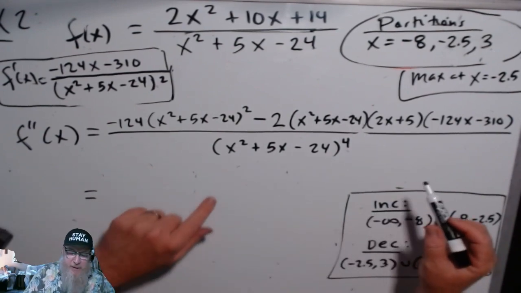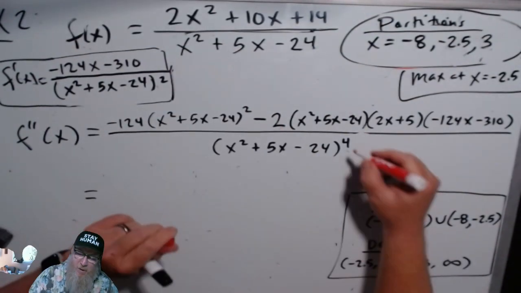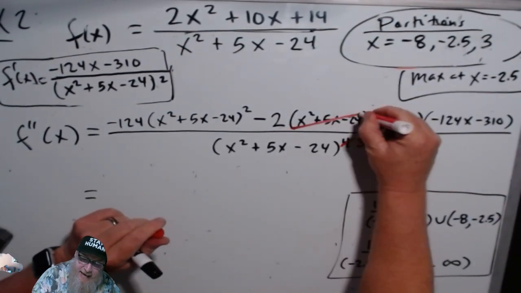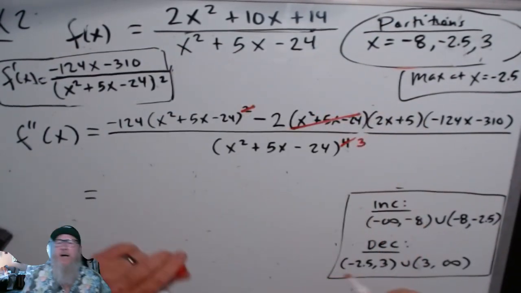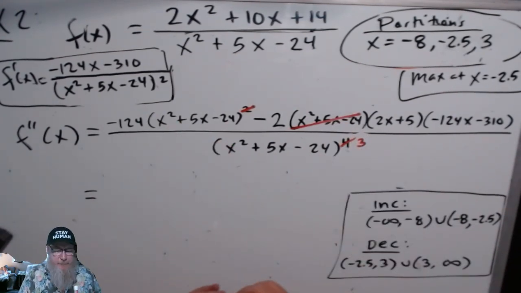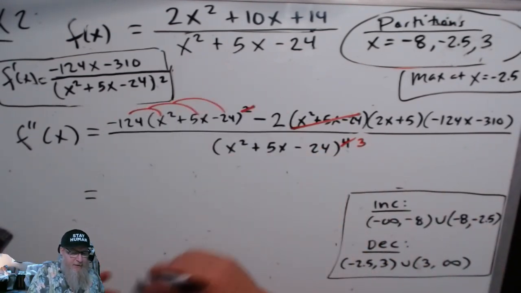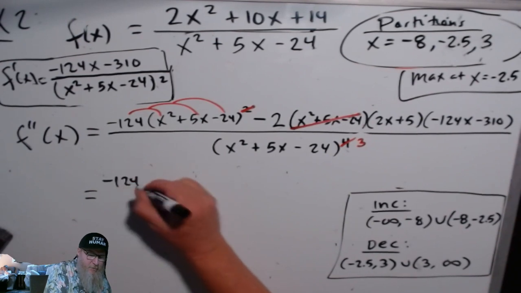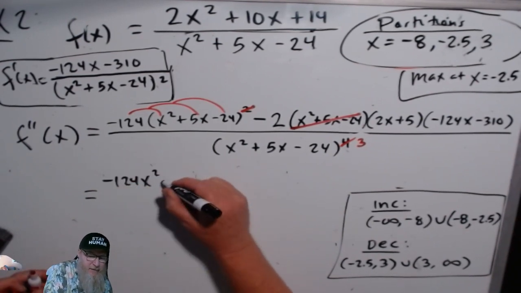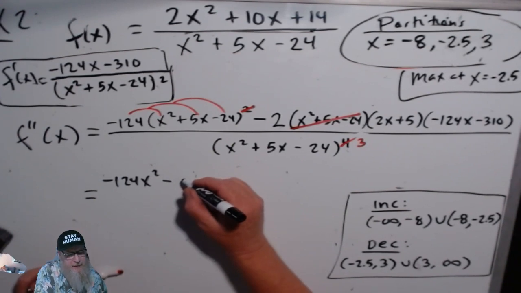The first thing we can do is cancel one of these guys and one of those guys. So we have common factors here that we can cancel. The next thing we can do is distribute. So we're going to get negative 124x squared minus, oh God, my brain's tired.